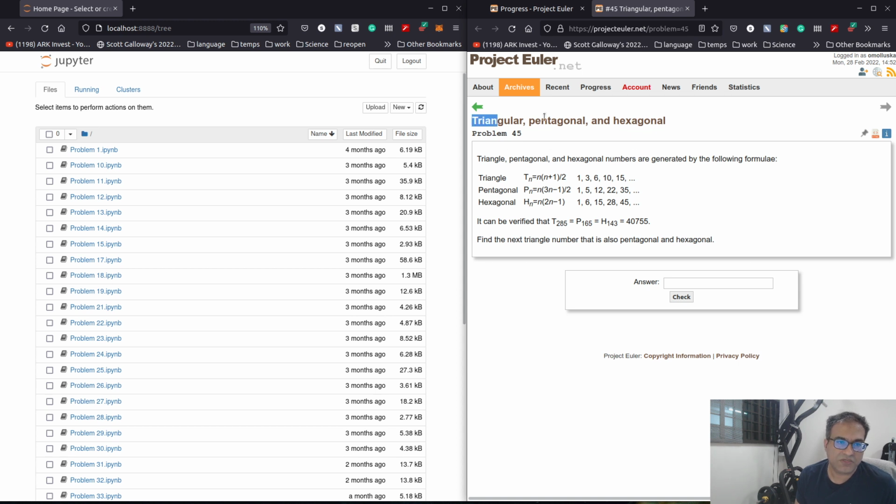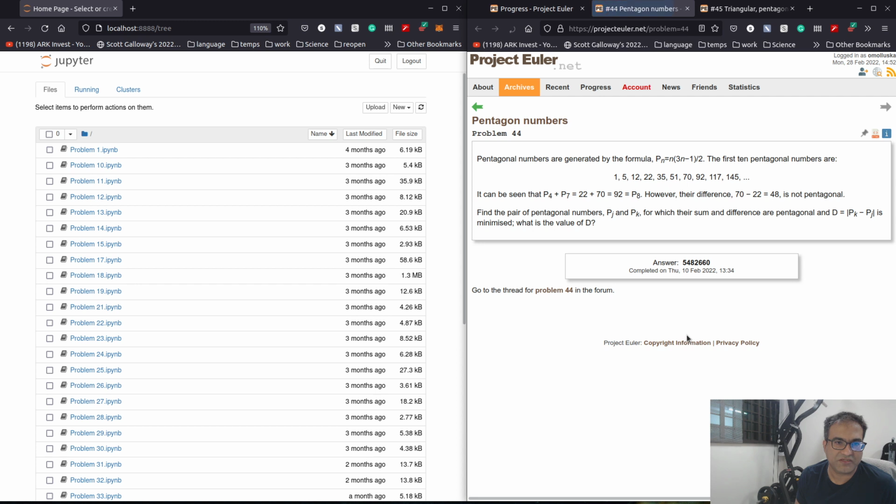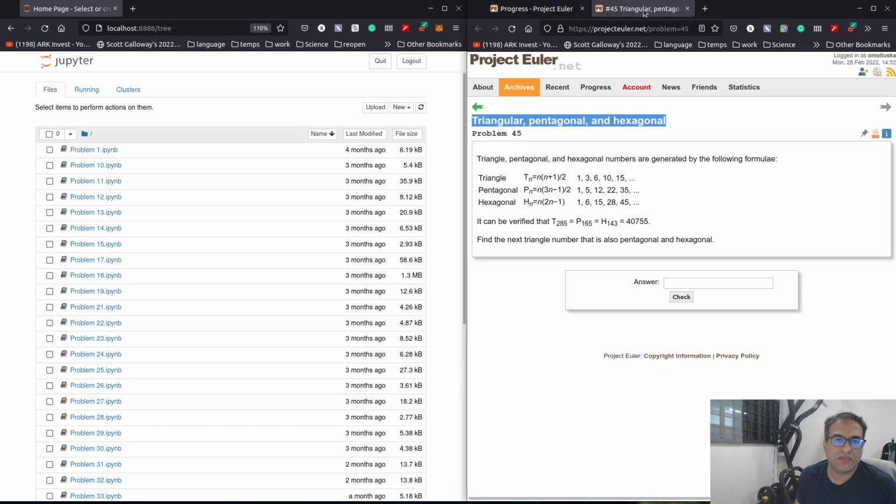I think we had done a very similar problem in the last, let me check. I think the previous problem was something very similar. So in this problem there are three different types of numbers.